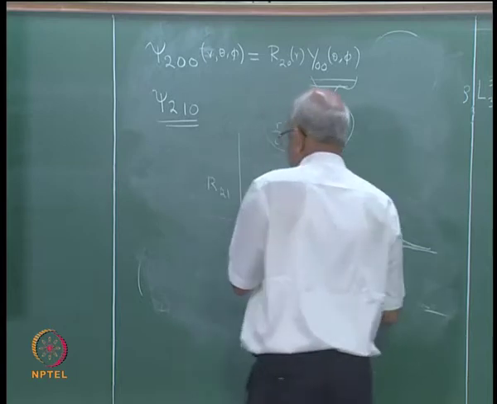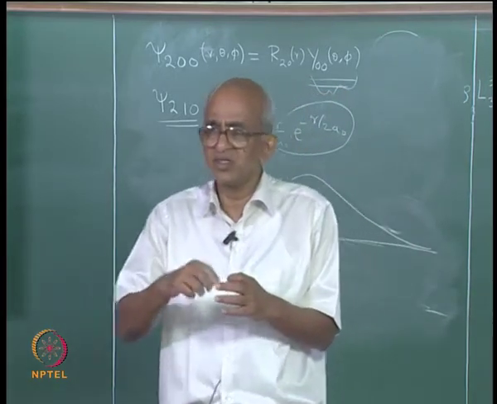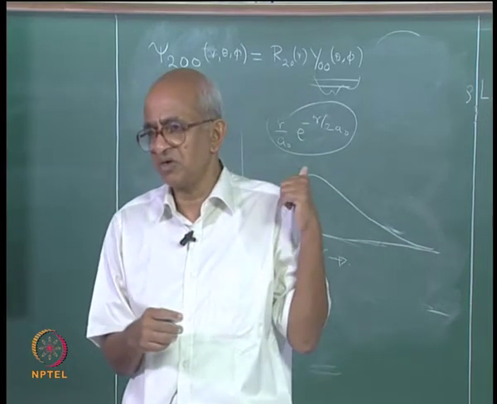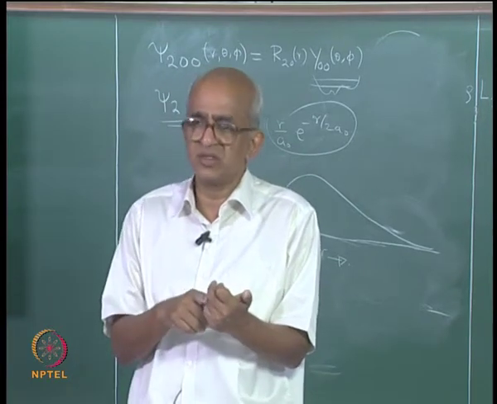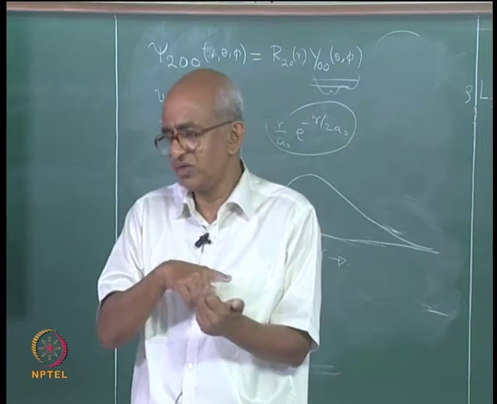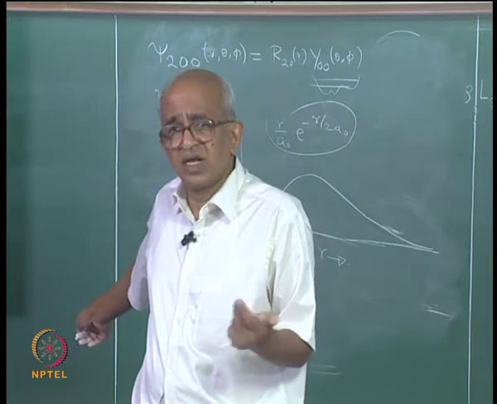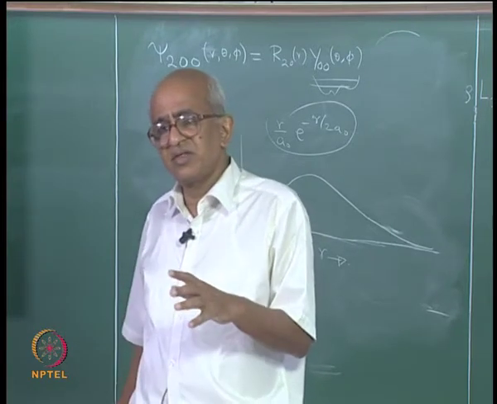The most interesting thing regarding this function is that the value at the nucleus is actually 0, but this was not the case with the s orbital. We have discussed 1s as well as 2s. In both cases, the function was non-zero at the nucleus, and it is 0 in the case of L equal to 1. We will find that this is a general case.